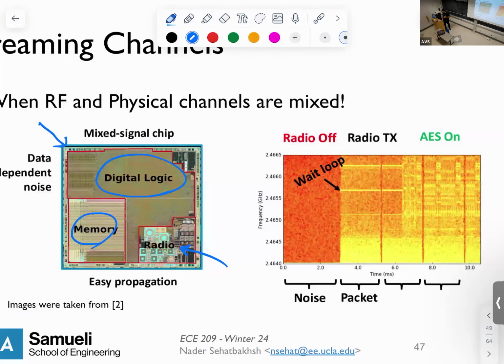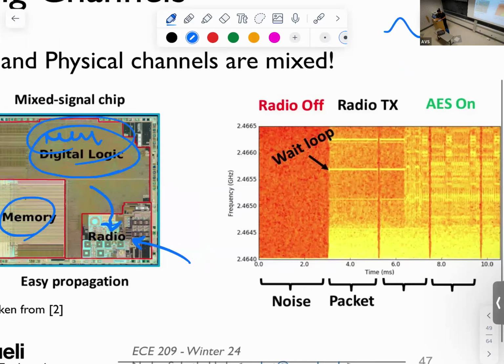What could happen is the switching activity of this digital part also impacts this analog part. And if this analog part is a radio, what you will see is that the signal this radio creates is impacted by this digital switching, okay? So for example, look at this signal here. This is what we call a waterfall plot or a spectrogram.